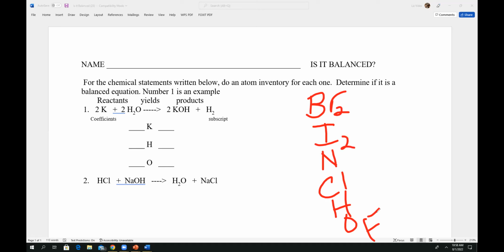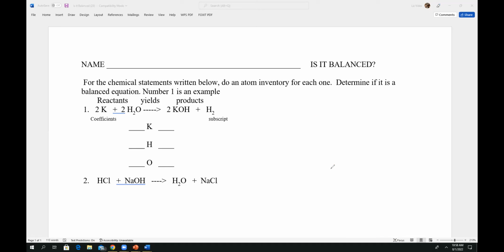You will always see them written as a diatomic molecule. Okay, but they're elements, but they're always like that. You notice potassium's not among them, but oxygen and hydrogen are. So if you see them written, they're going to be written as double like that. Okay, so let's clear.